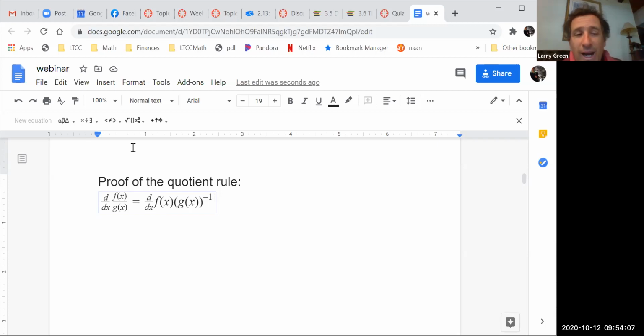So now what can I do? What rules of differentiation can I use to find the derivative of f of x times g of x to the negative first? Any ideas?